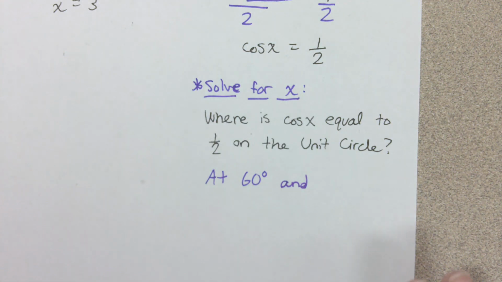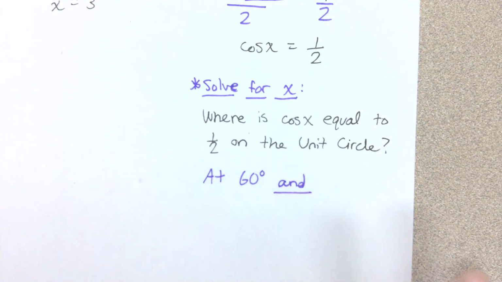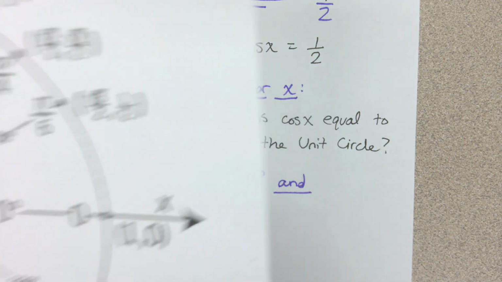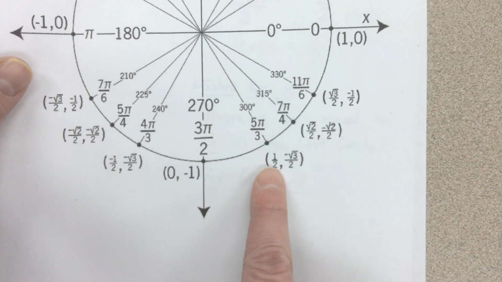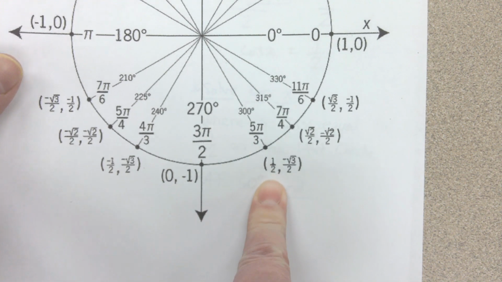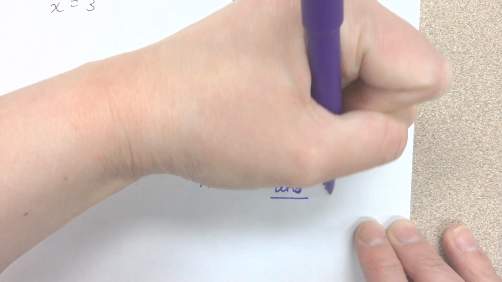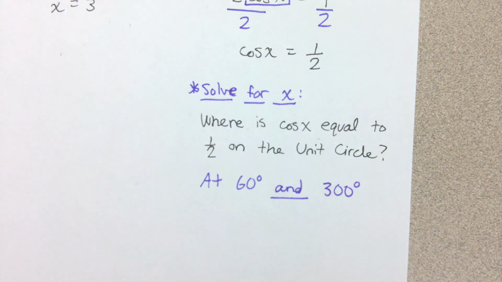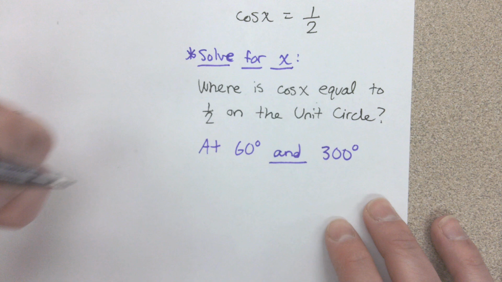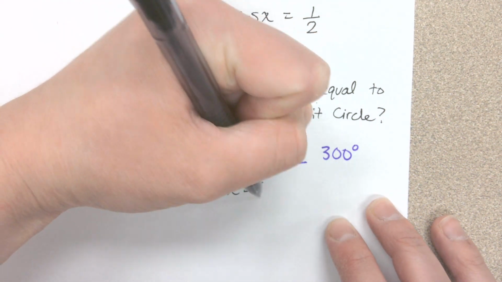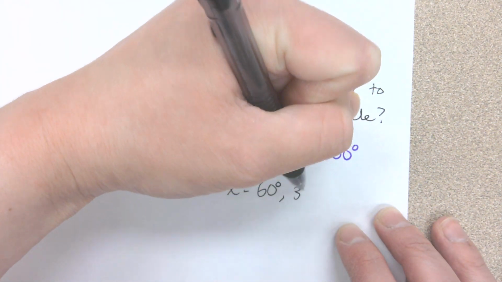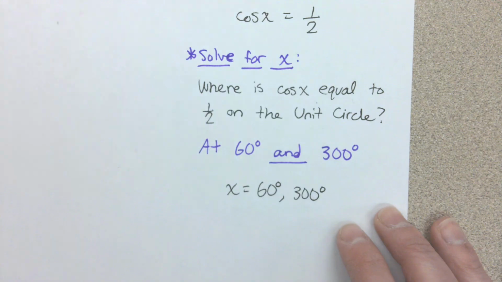There's one other place where it's equal to 1/2. 300, fourth quadrant, 300 degrees, it's also 1/2 in cosine x's place. So for our final answer, we say that x is equal to 60 degrees, comma, 300 degrees.